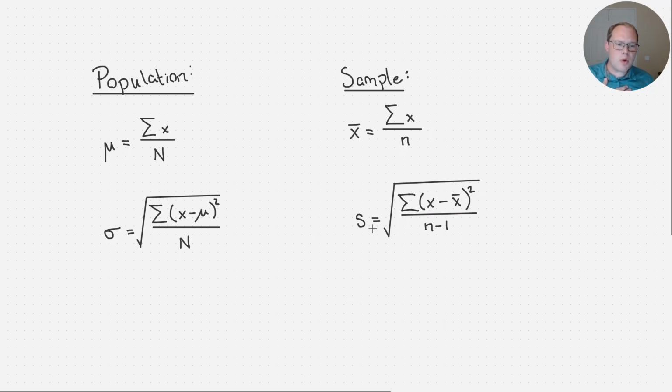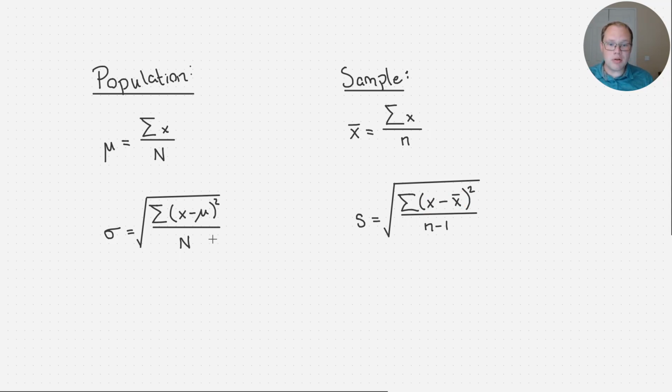Well, remember what the goal is. We want our sample standard deviation to be a good approximation for our population standard deviation. Our population standard deviation is a measure of the average distance of the data from the population mean, mu. What are we calculating over here? We're calculating the distance of each data value in the sample from the sample mean, x bar.